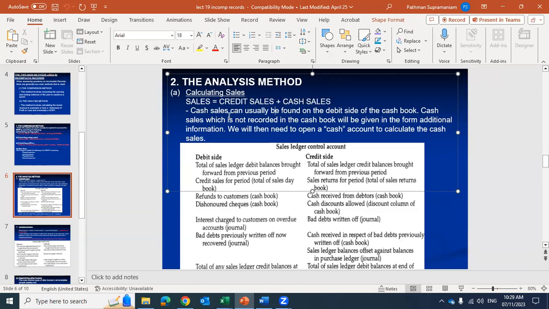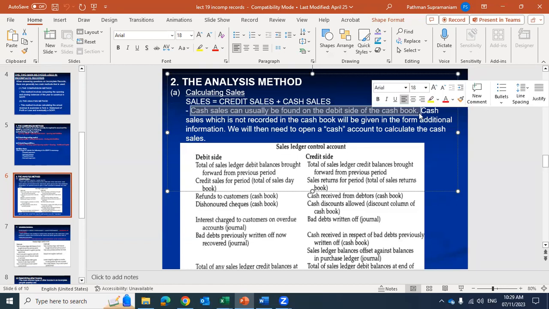For cash sales, you can find it on the debit side of the cash book. You'll be given a cash book, so all you need to do is go to the debit side and look for the description called sales. That would be your cash sales.